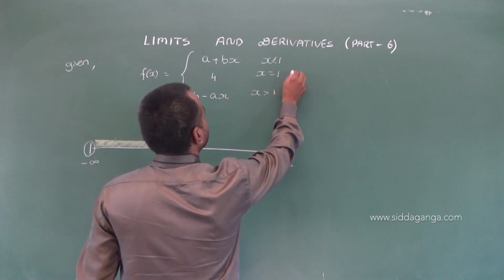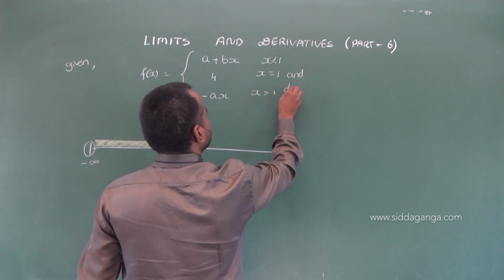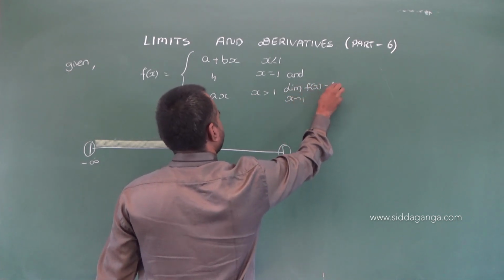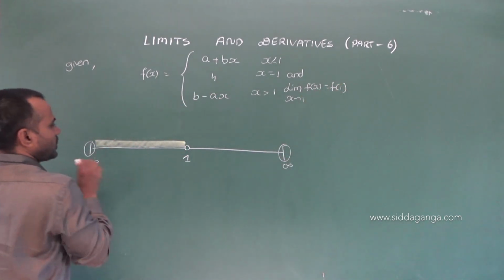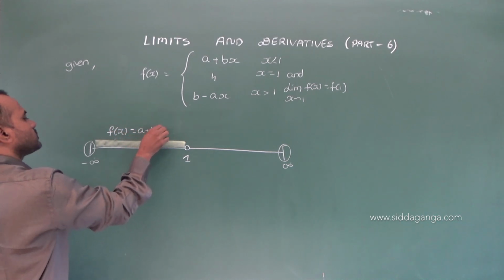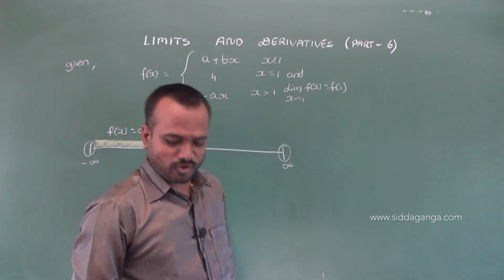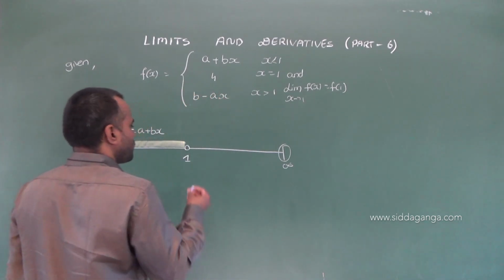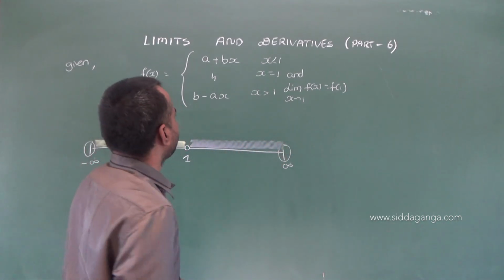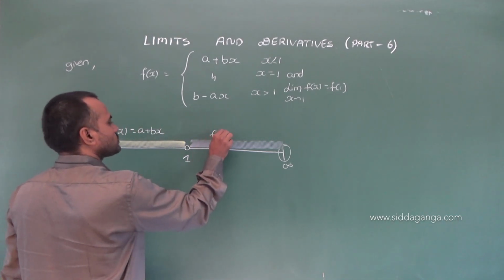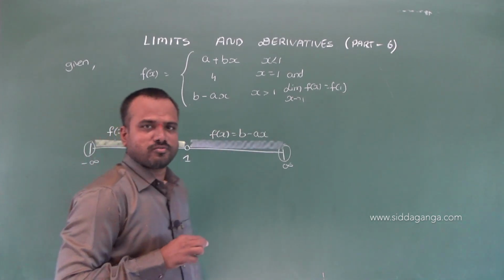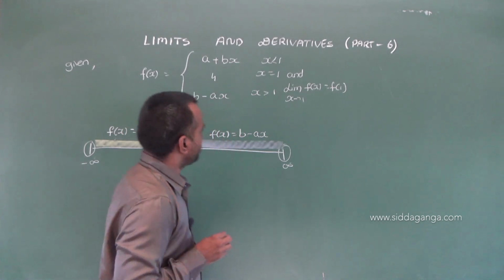And the condition limit x tends to 1, f of x is equal to f of 1 is also given. For x greater than 1, f of x is b minus a into x.